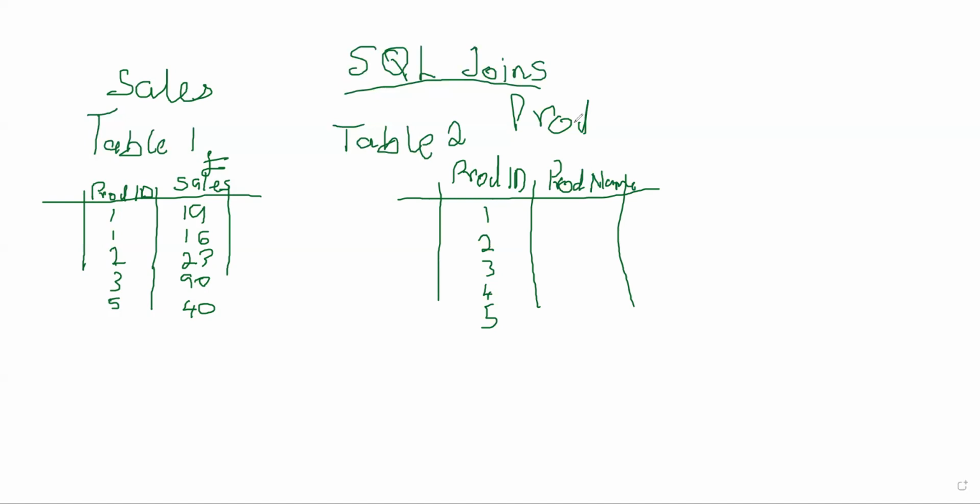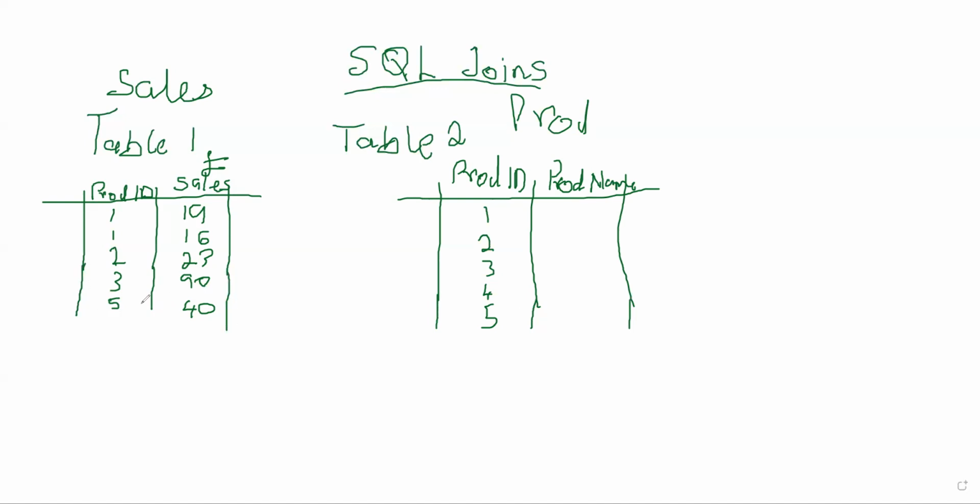So product name. Let's pick up phone. But sorry, since a primary key is meant to be unique to the table, how come the product ID is the primary key in the sales table and not in the products table?